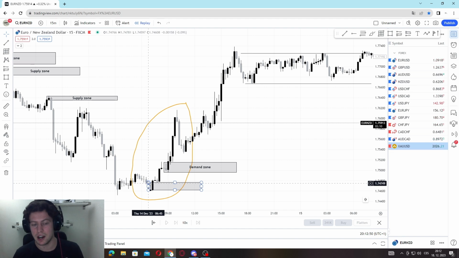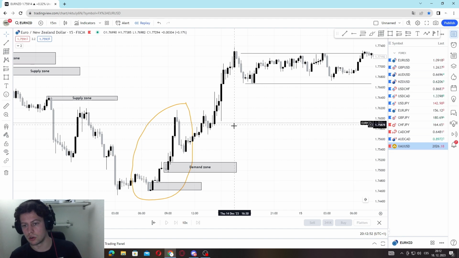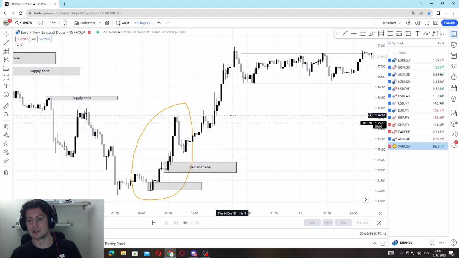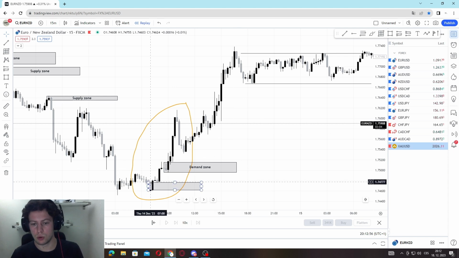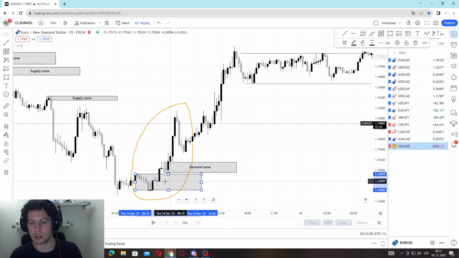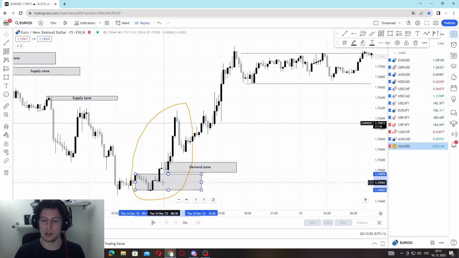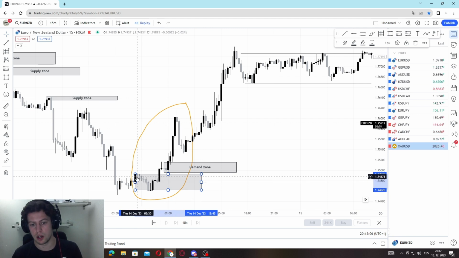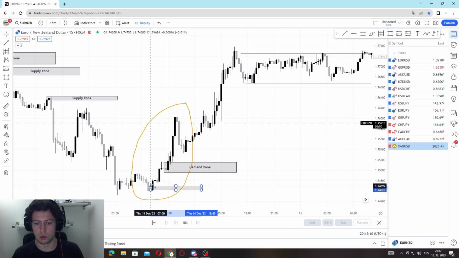But sometimes, I don't know if there is a concrete scenario, but sometimes you will have a big zone, for example like this, that this will be your demand zone, and there will be a lot of space to make mistakes. So I want to refine it, I want to be really precise, and I go with this indecision candle and make it like this.